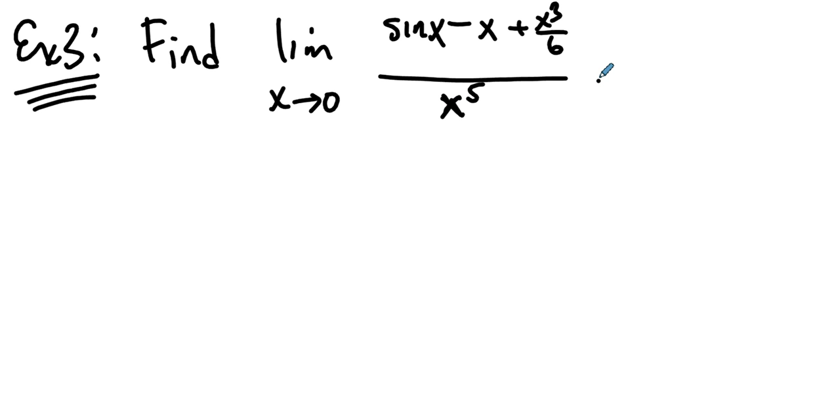Now, we could do this with L'Hopital's rule because the numerator goes to 0 and the denominator goes to 0, and that's an indeterminate form. We could do this with L'Hopital's rule. Or we could do this with series.